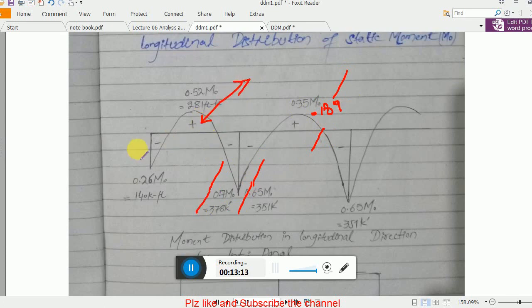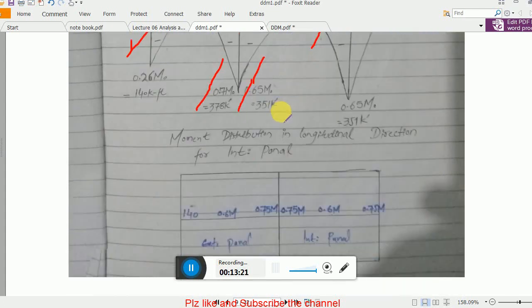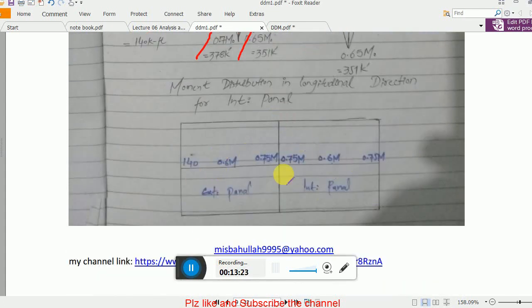This means that how much moment will be absorbed in the column strip, while how much moment will be transferred to the middle strip. The procedure is simple. You have to use these coefficients. I already explained that 100% will be absorbed at the face of the exterior column here and here. Remember the column which is here. 100% will be absorbed here and 0% will transfer to that side.